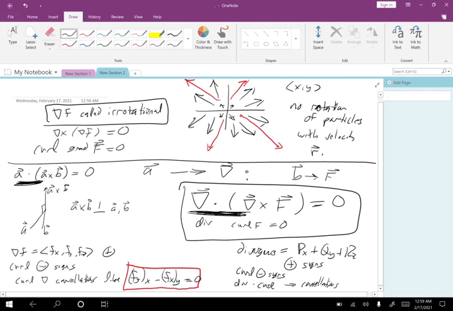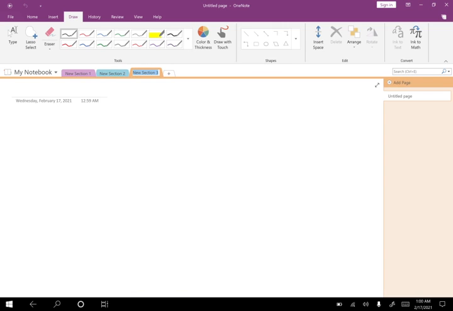Okay, so this also sort of tells us what these things should correspond to. In fact, if we have the converse, so if the divergence of a vector field is 0, it actually implies it's a curl.